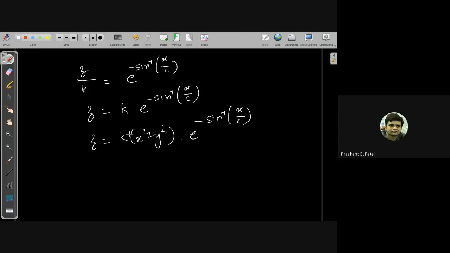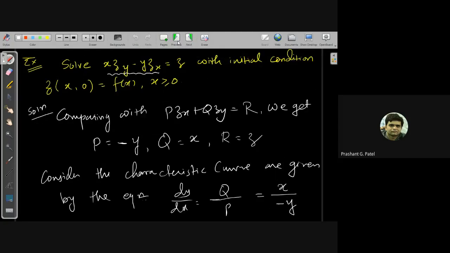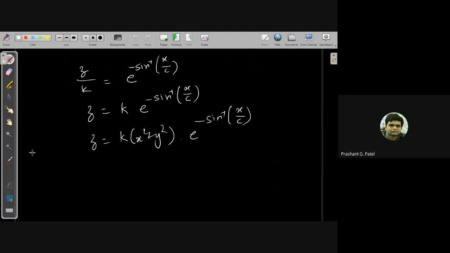For that, we have been given this initial condition, that is f of x0, or z of x0, is fx, which is given to us. So I'll substitute now y equal to 0 into this expression.